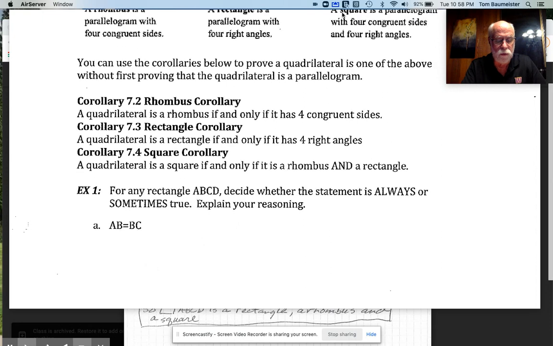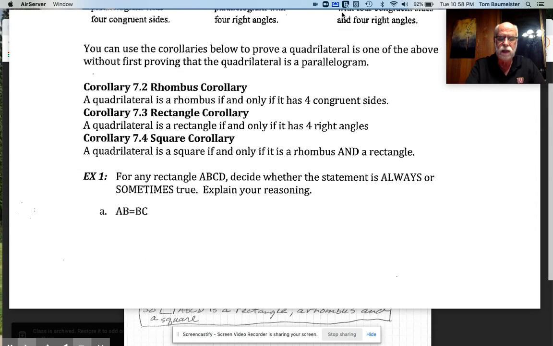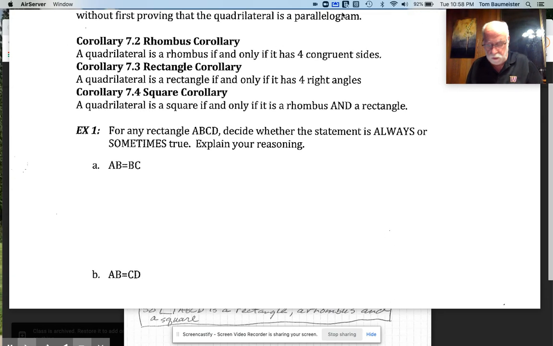So example 1, for any rectangle ABCD, decide whether the statement is always or sometimes true and explain the reasoning. On ones like these, it might help you to draw a quadrilateral.